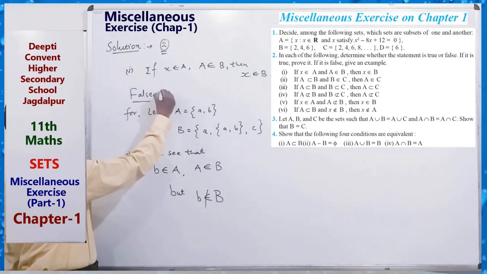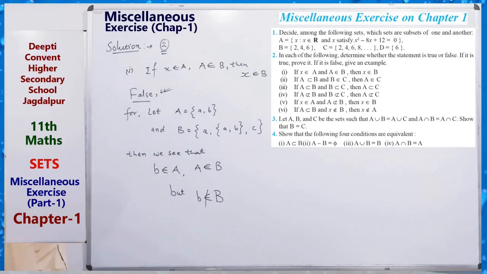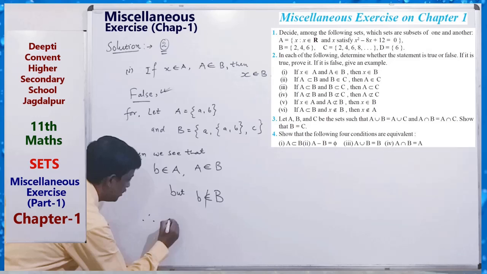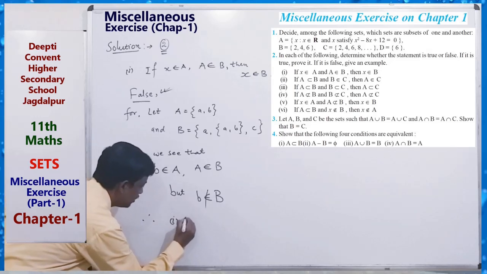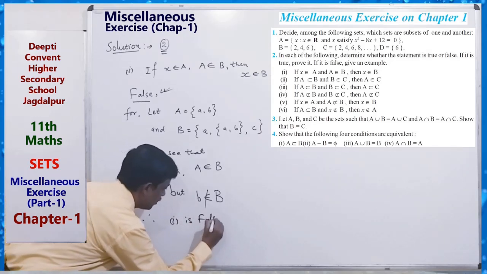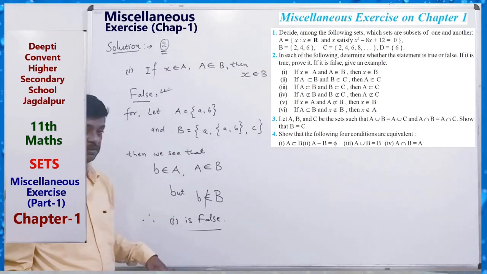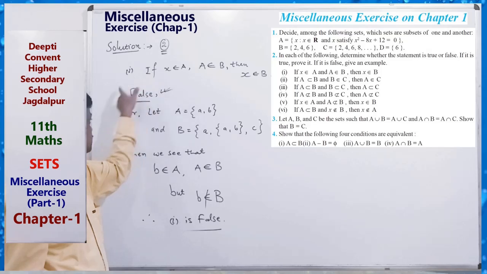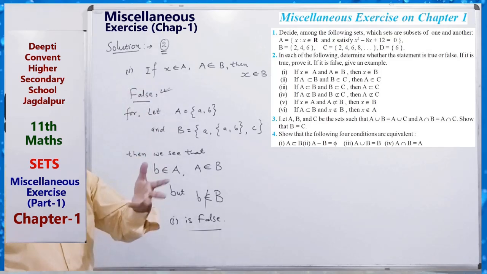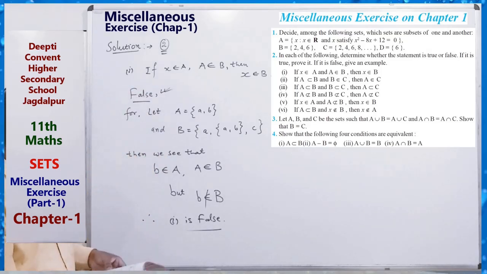So it is false. Therefore, 1 is false. For giving proof for false, to prove false, you can give an example.